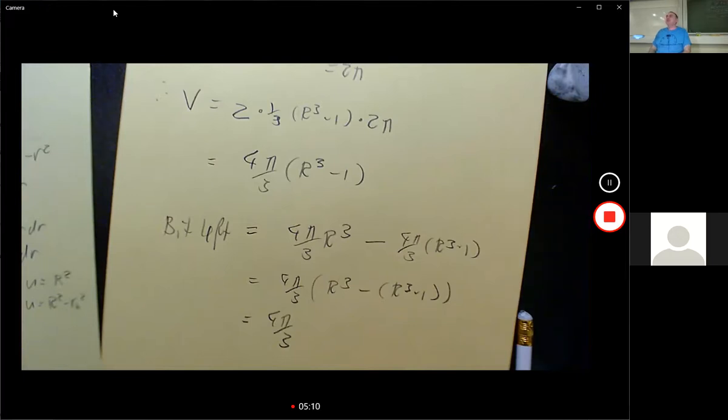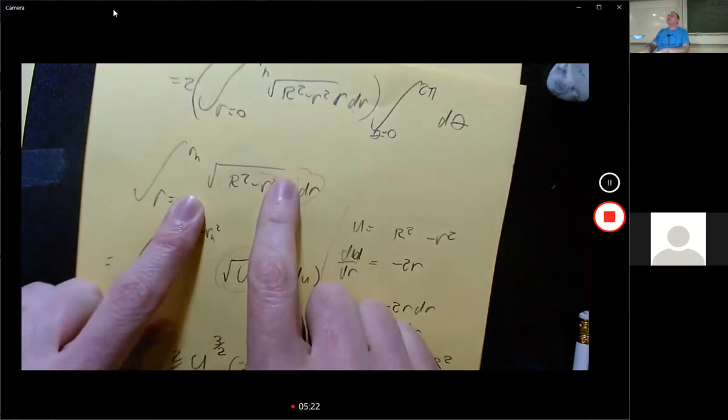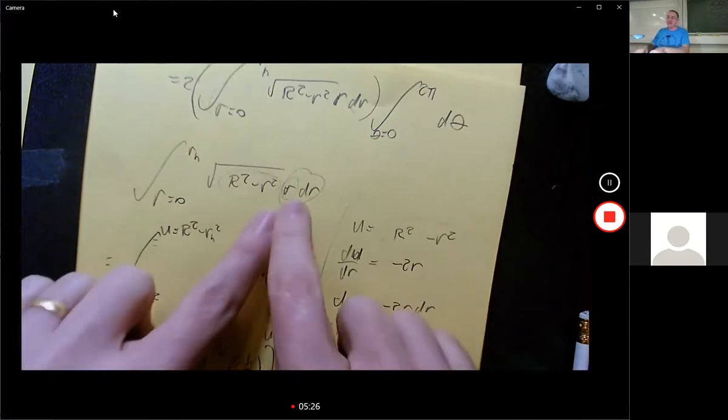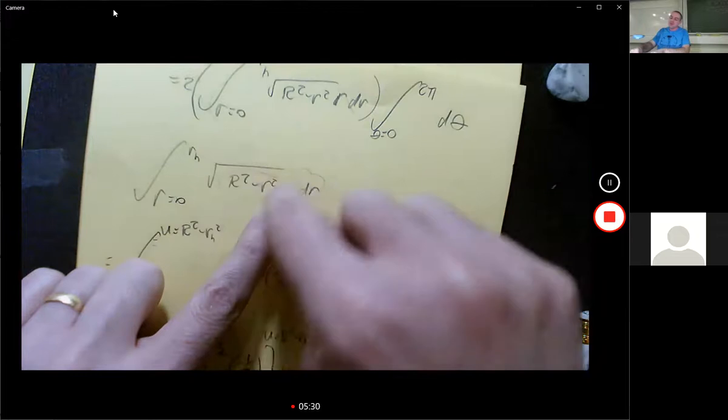How are people feeling? Because I had a root and I don't like integrating roots. And I noticed that it was times by R, and the R is nearly the derivative of the thing under the root.